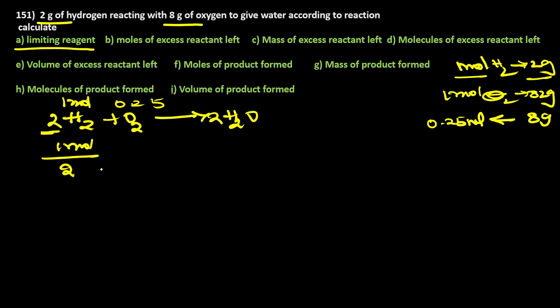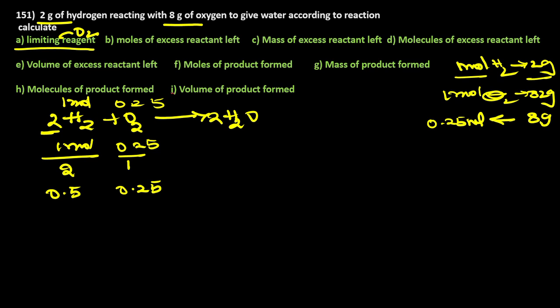The stoichiometric coefficient value is 2 for hydrogen, so 1 mole divided by 2 gives 0.5, and for oxygen, 0.25 mole. Out of these two, the oxygen is our limiting reagent. So 0.25 moles of limiting reagent is consumed.